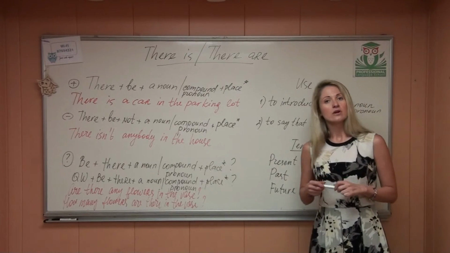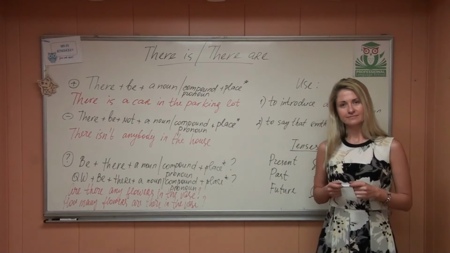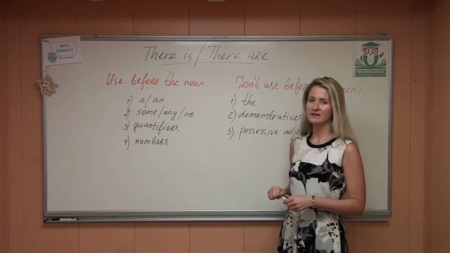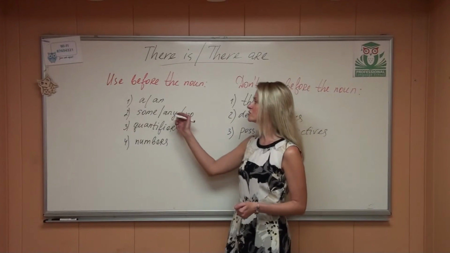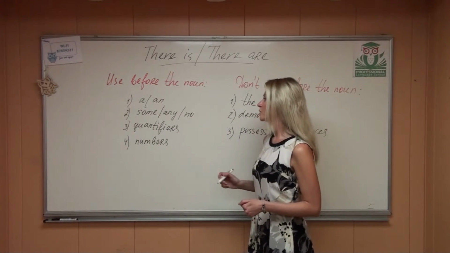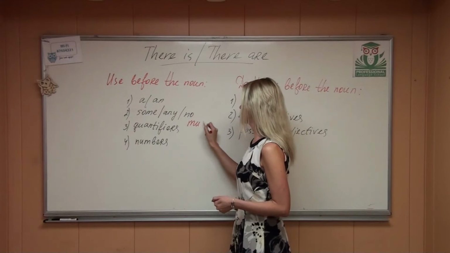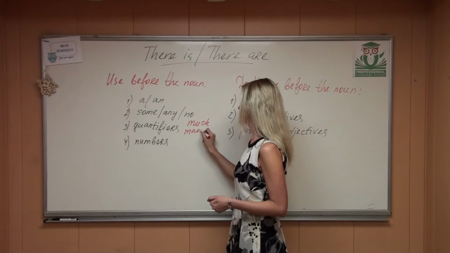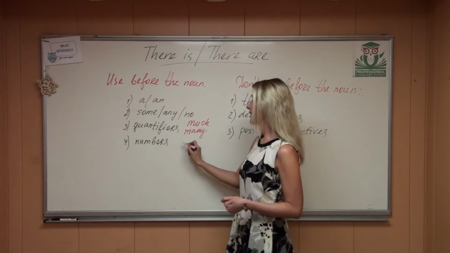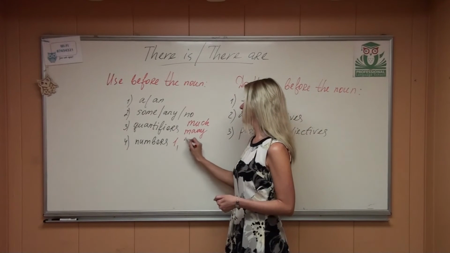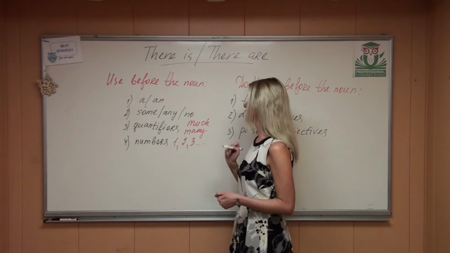Okay, let's talk about some important details. What do we use before the noun in the structure? We use the indefinite articles, we use some, any, no, we use quantifiers, much, many, and so on. And we use numbers, 1, 2, 3.